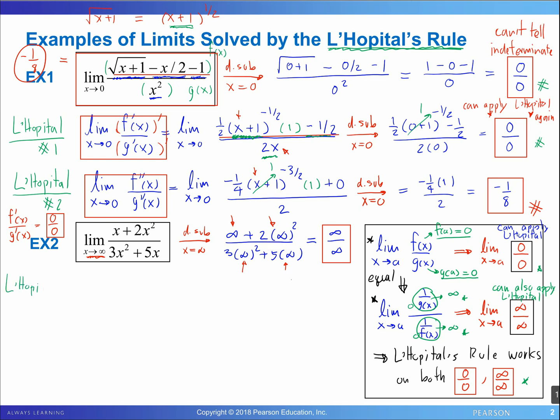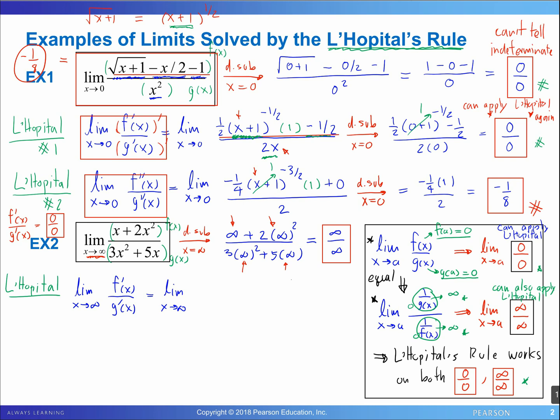L'Hopital. Once again, before we begin, we assign the numerator to be f of x and the denominator down here to be g of x. And now for L'Hopital's rule, we have the limit when x goes to infinity of f prime of x divided by g prime of x, equal to the limit when x goes to infinity, just the same.